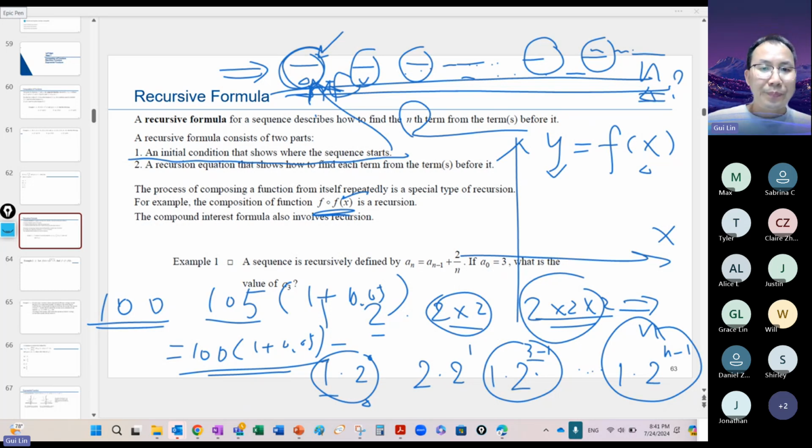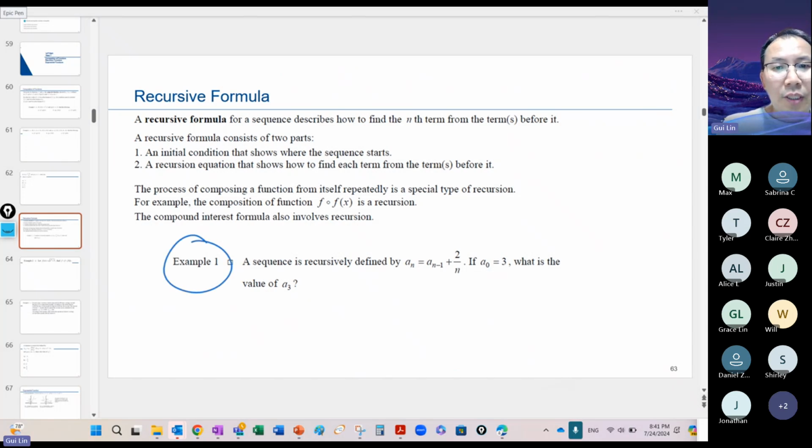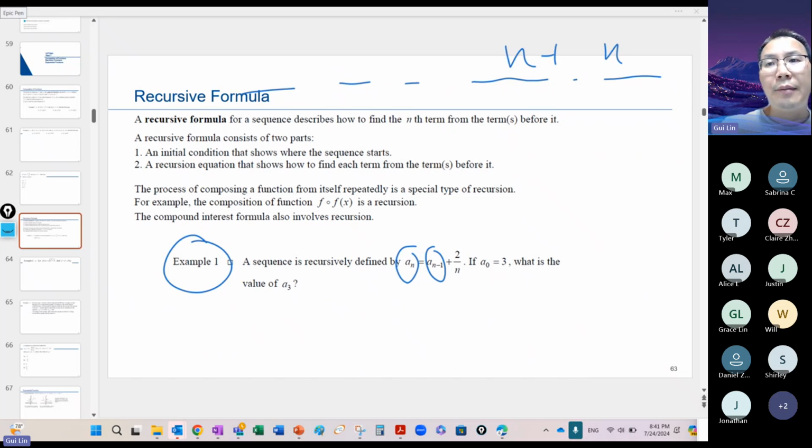That's a lot of repetition related to real-life questions. Okay, let's see the example here. I think we have an additional example later. First, a sequence is recursively defined by a sub n minus 1. Just like we said, we have a lot of terms. This is the nth term, a sub n.